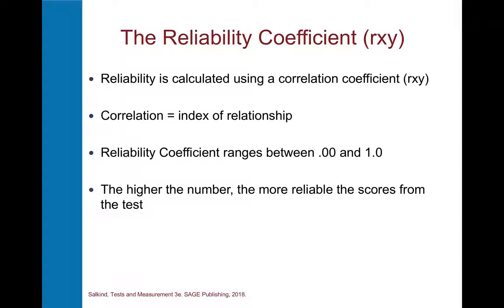So more accurately, how much the variables share or have in common. For reliability purposes, the correlation coefficient tends to range between 0 and 1. So the higher the positive number, the more reliable the test scores.